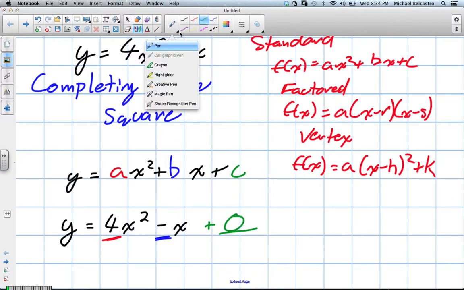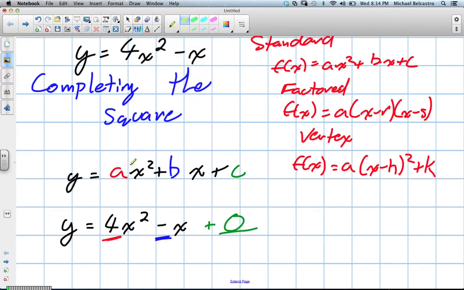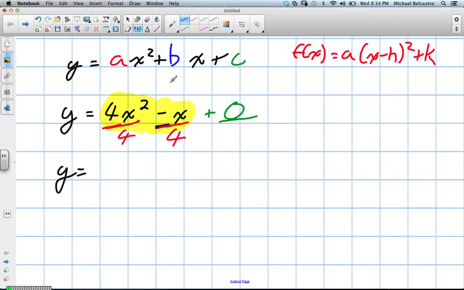Very first step to completing the square, what we do is we find out what the a term is, and we divide the very first two terms, essentially the x squared and the x, by the a term. Well, in this case, the a term was 4, so we're going to divide both of these by 4, almost like a common factor. That common factor 4 comes to the outside of the brackets.